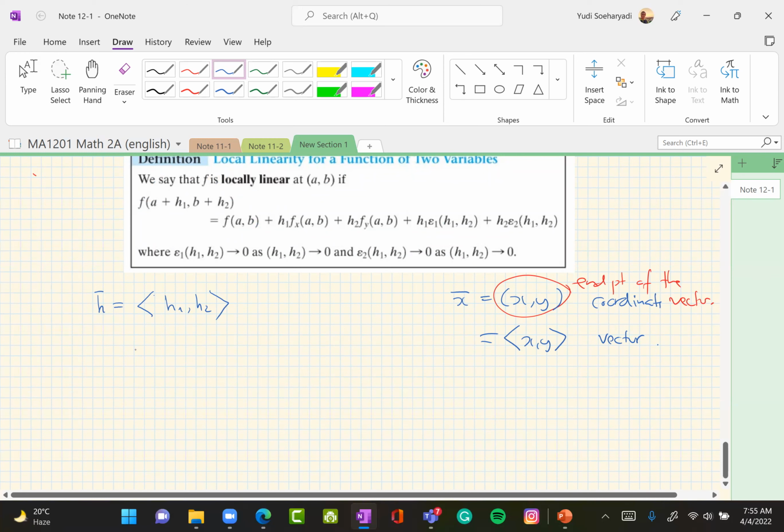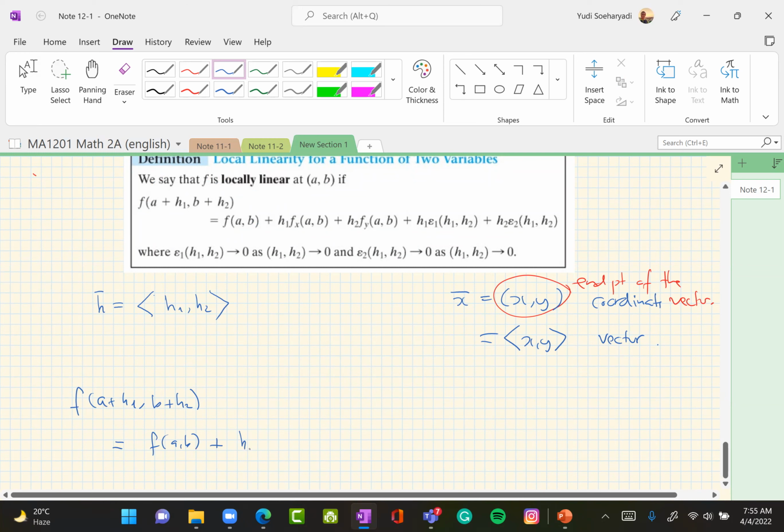this locally linear means. Okay. So let me rewrite this one and make some simplifications. Okay. So this equals f of AB. Okay.